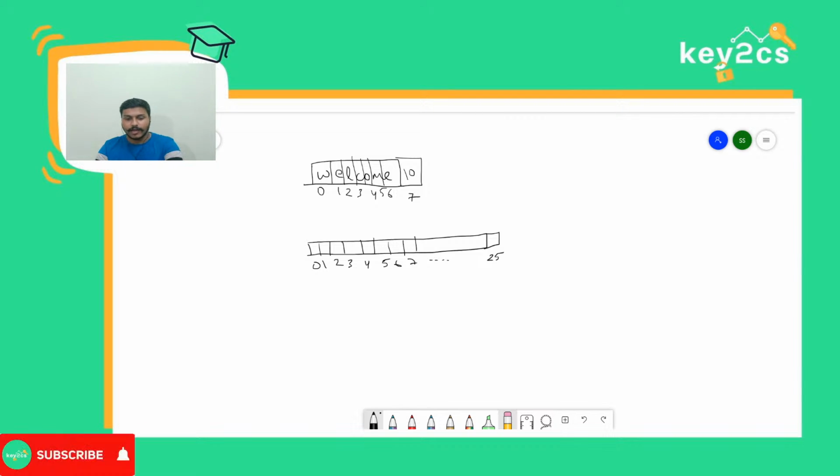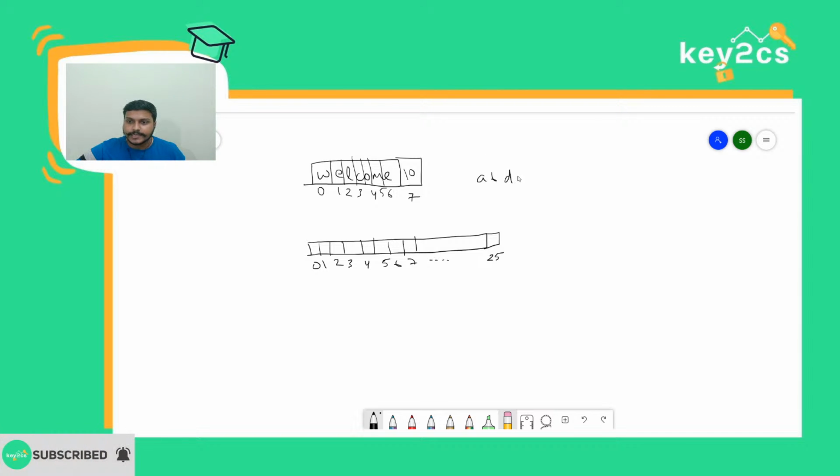So let's see how we would proceed with this. Instead of welcome, let's say I take a simple example, A, B, D, C. If this is a string, you would scan each character. First we will scan A, and I would map this A to index 0.